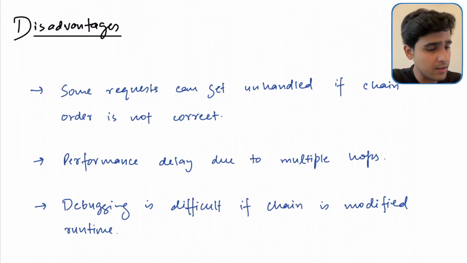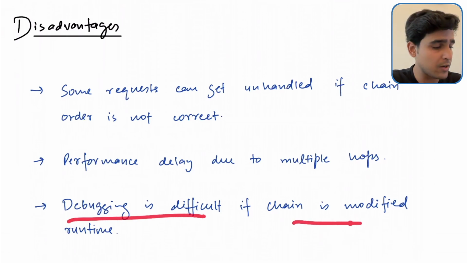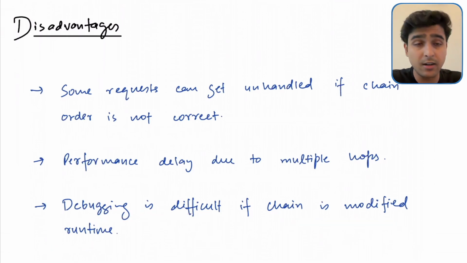And one other disadvantage could be that debugging is difficult if the chain is modified at runtime, right? It is difficult to pinpoint which handler is causing an issue if there is any error in your entire service. And especially since you can modify the order of the chain, it becomes more difficult in debugging.